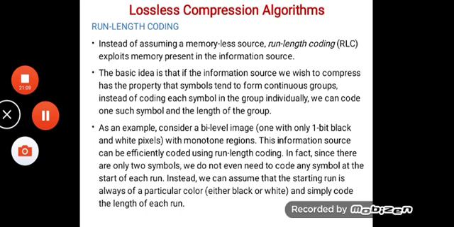A bi-level image is nothing but a 1-bit gray level image, where the information of every pixel will be either black or white. We have seen this already in chapter number 5, let me remind you, the 1-bit gray image.